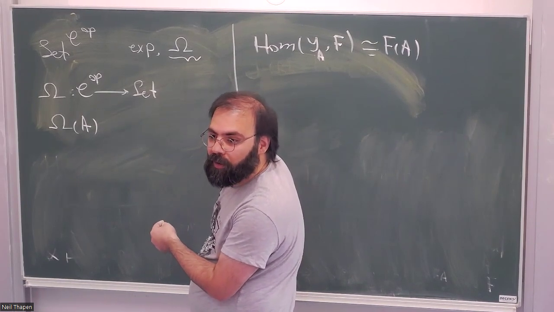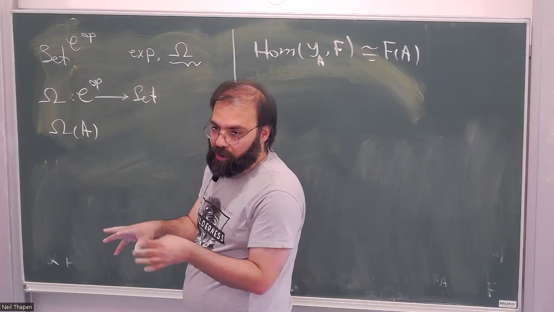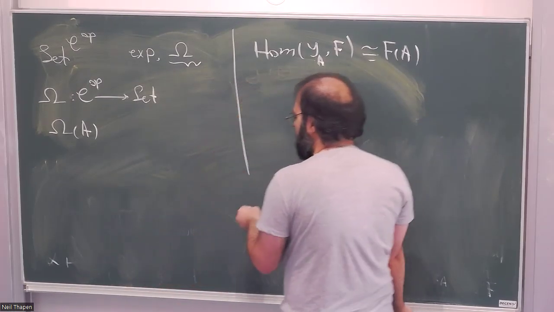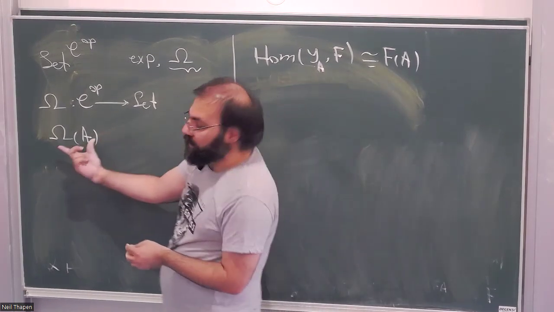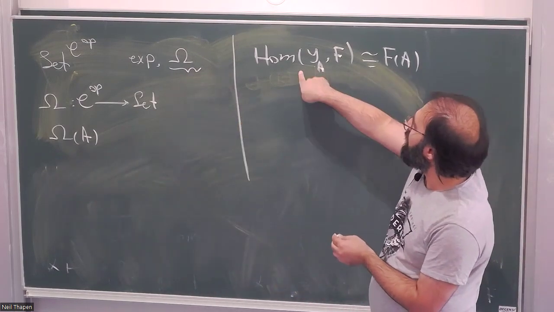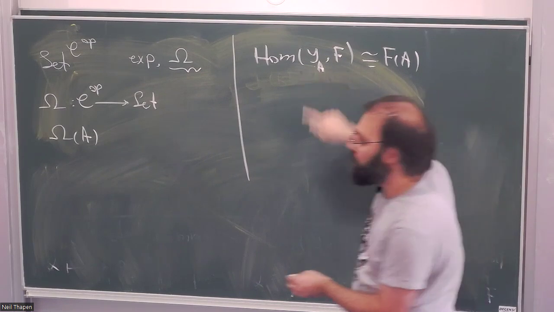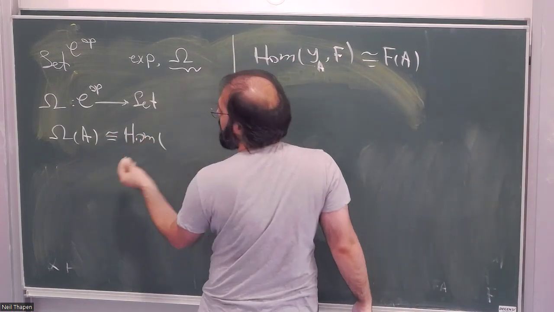What properties does omega have? It is a sub-object classifier, so it classifies all sub-objects. The point is that I have to define omega of A, and this says that omega of A is in one-to-one correspondence with this, so whatever it is, it should be this, because simply it's a function.